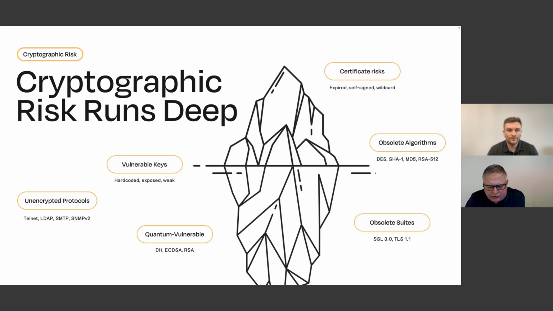I don't think people understand the size of this iceberg, to be very honest with you, first and foremost. There is a lot of obsolete stuff that's still running. If you go across the average organization, you'll still find things like MD5 and DES. It's not uncommon, even though those were phased out years ago.